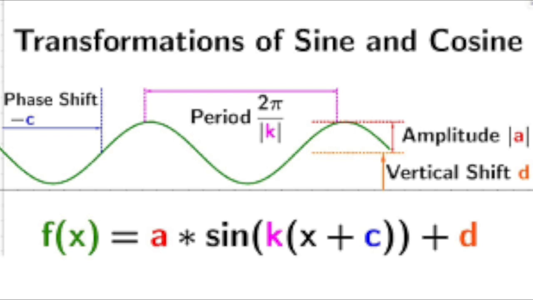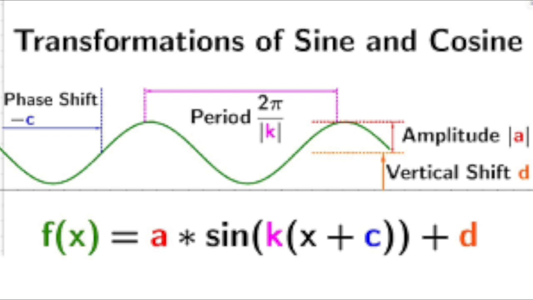This A is going to be changing the amplitude. The amplitude is the height of the function from its minimum to its maximum point. Then we have B, which multiplies the x, the input here. The period is when a function goes through one full cycle.